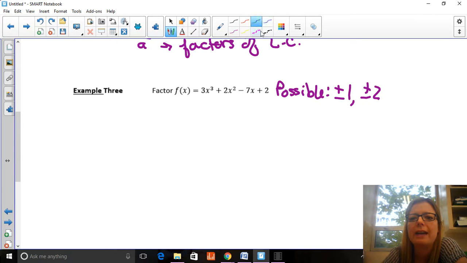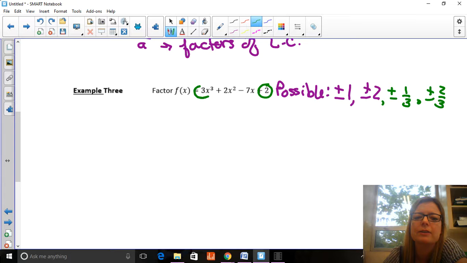But then, because those are factors of 2, we also have any fractions that are plus or minus factors of this guy divided by factors of this guy. So plus or minus 1 over 3 or plus or minus 2 over 3. So factors of this guy divided by factors of this guy. Okay? So I don't need to show over 1 because that's already included here.